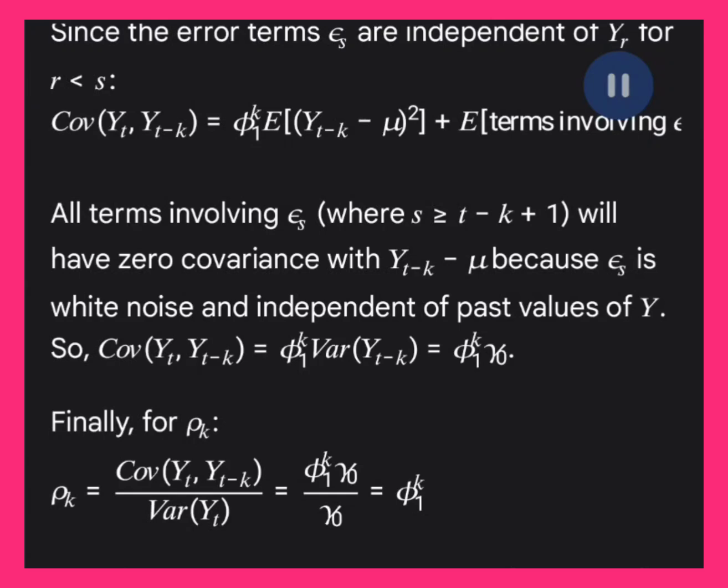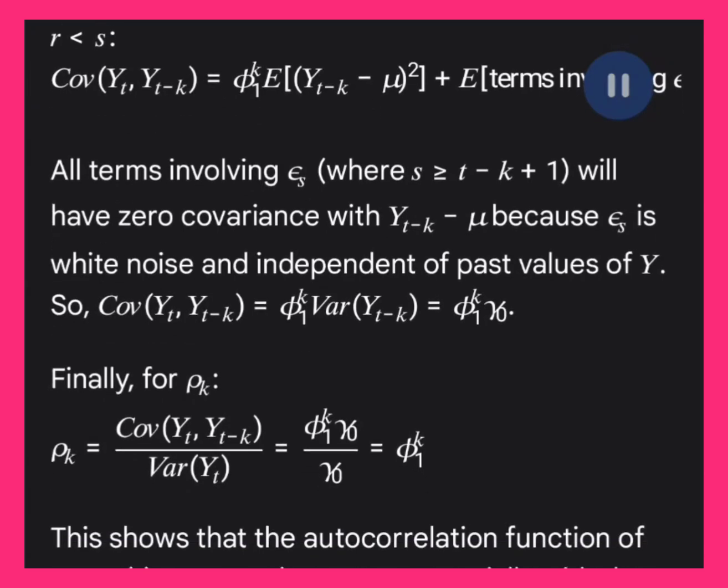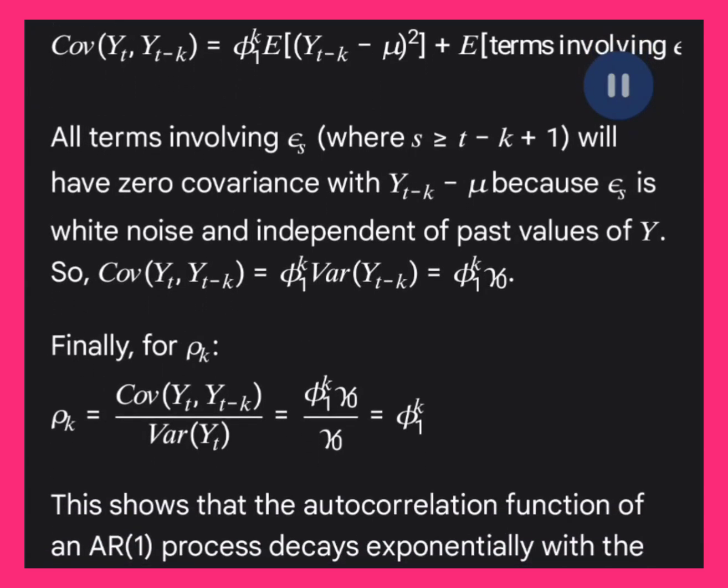All terms involving ε_s where s ≥ t−k+1 will have zero covariance with y_{t−k} − μ because ε_s is white noise and independent of past values of y. So Cov(y_t, y_{t−k}) = φ₁^k Var(y_{t−k}) = φ₁^k γ₀.